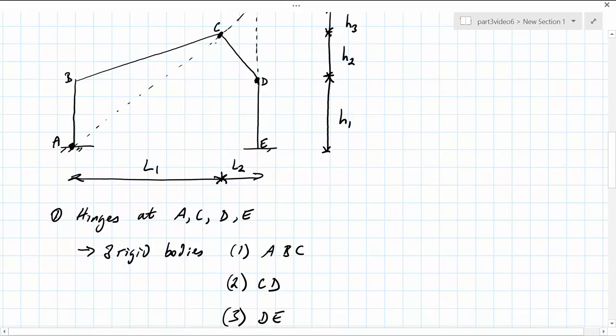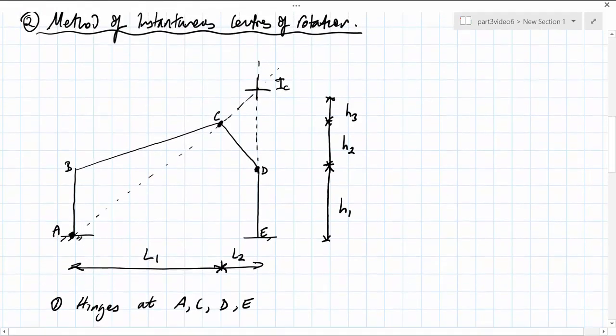The next rigid body is C and D, and the final rigid body is D and E. The value IC is the instantaneous center of rotation on the imaginary body C, IC, and D. What we have done in this case is we have passed a dashed line through the first point A and C simultaneously and kept it going, and then we have also passed a dotted line through E and D. In this case, the instantaneous center of rotation is where these two lines cross.